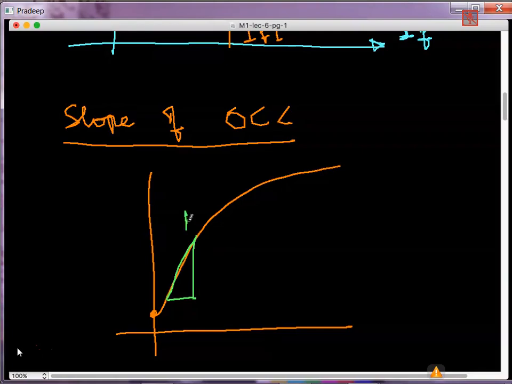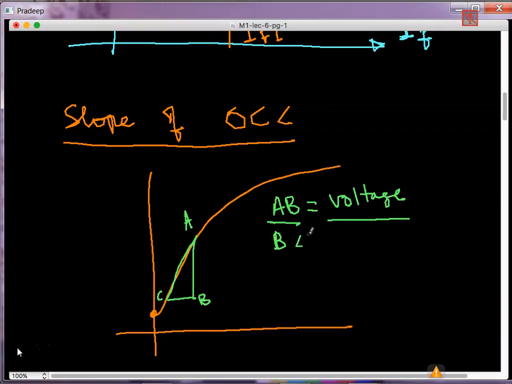Let's call this A, B and C. What does AB represent? AB is nothing but voltage. And what does BC represent? BC represents the current. So what is the slope of this line?